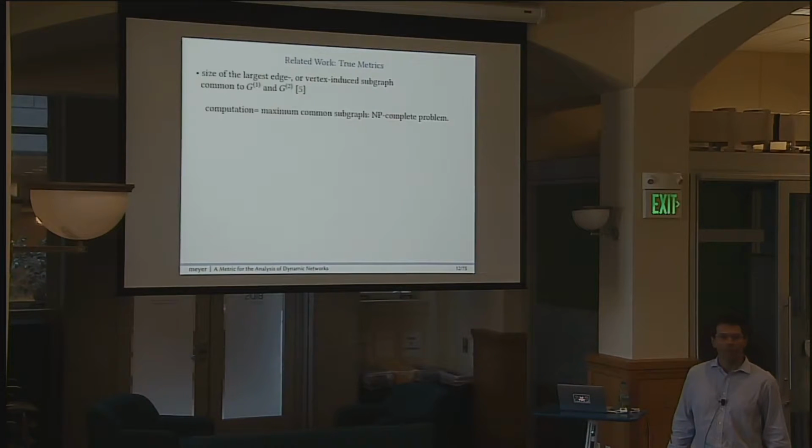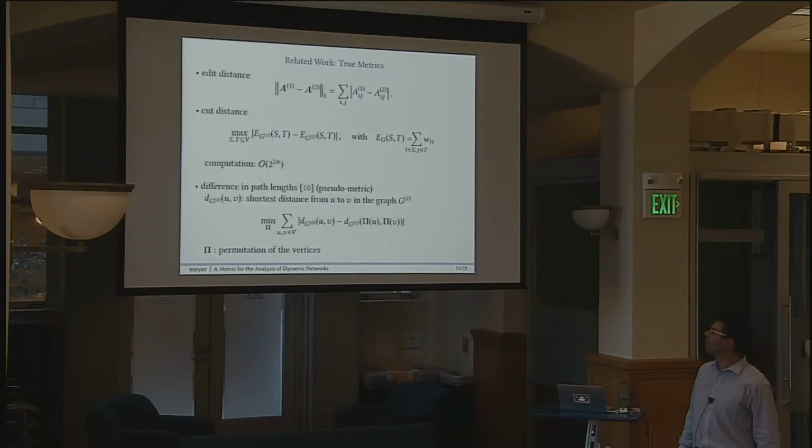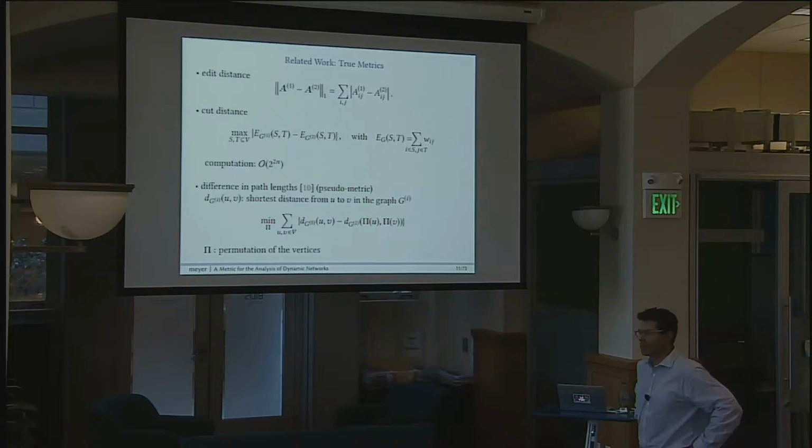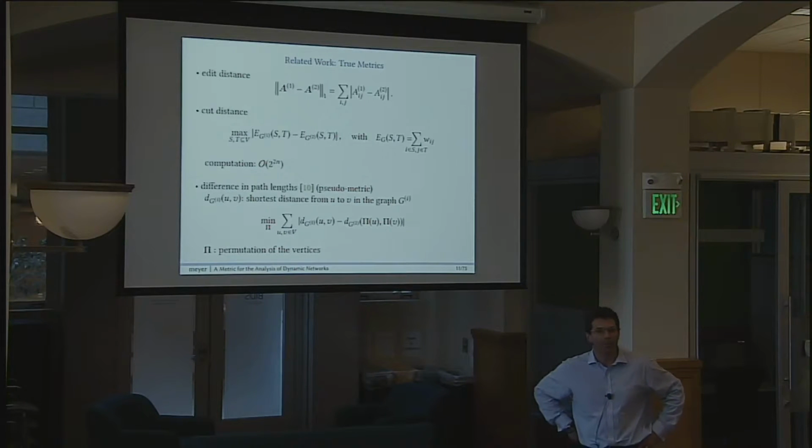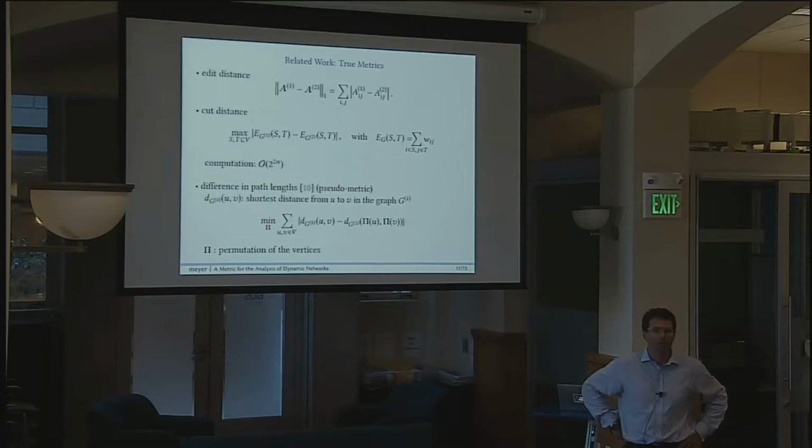And the second question, in regards to the previous slide: the cut distance and this path length distance are measuring very different things. You can imagine that one could be very small and the other very large. So, perhaps jumping ahead, does your metric capture the structure that is present in both of those distances, or is it different?